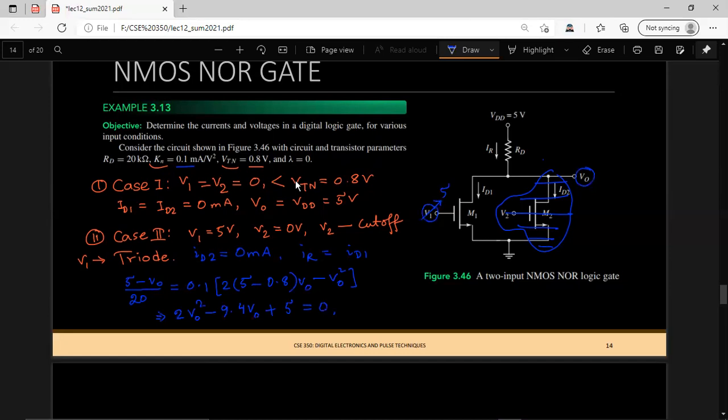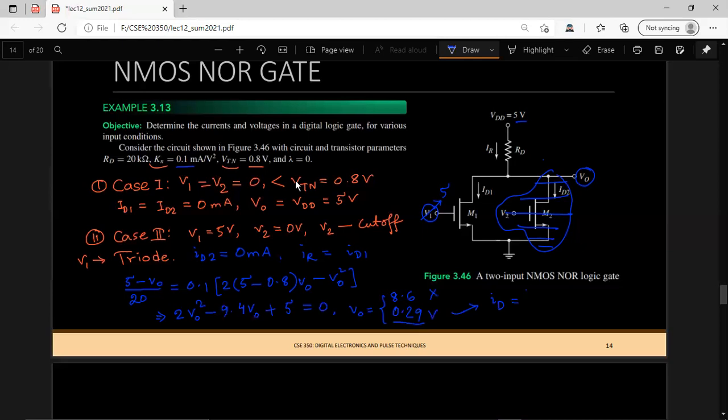And finally, we have V0 equals 8.6, and another one is 0.29. We can eliminate 8.6 because it is greater than the VDD voltage. So the answer should be 0.29. And using V0, we can easily calculate the drain current.